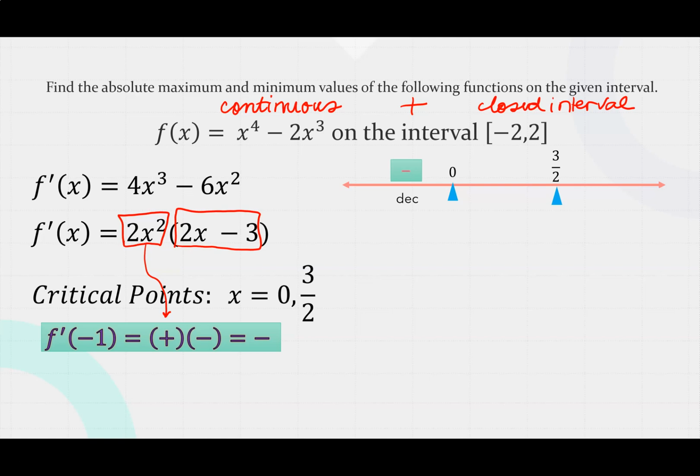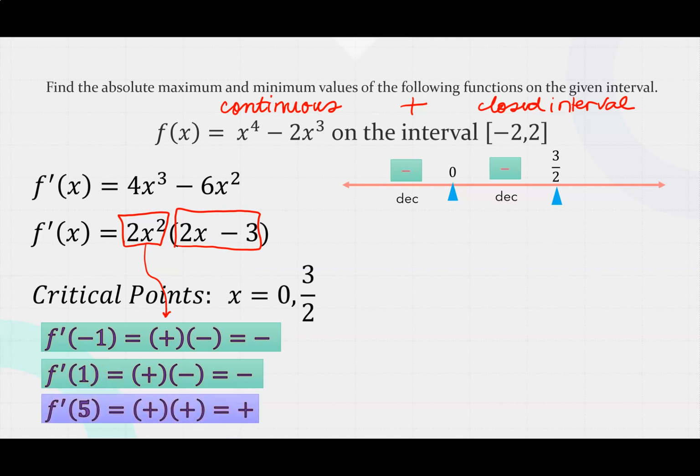Now, in between 0 and 3/2, let's just pick 1. Again, the first part is always positive. The second part, when x is 1, 2 times 1 minus 3 is a negative number. So we still have a negative derivative here. That means the function is going to continue to decrease. That means there at 0, no extreme value.